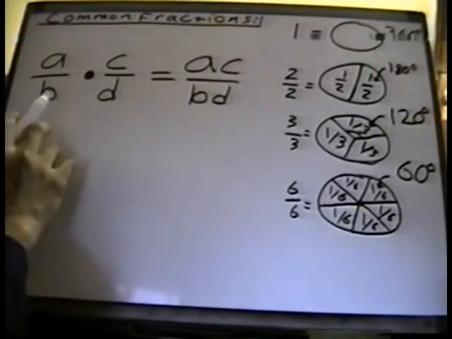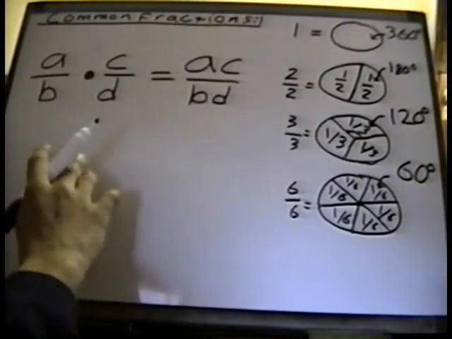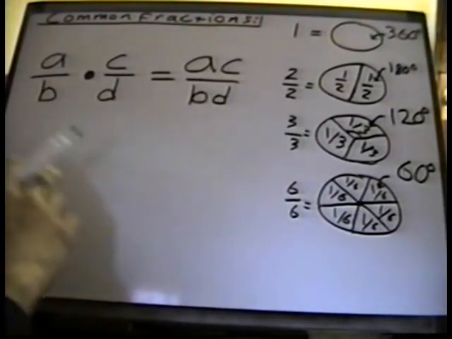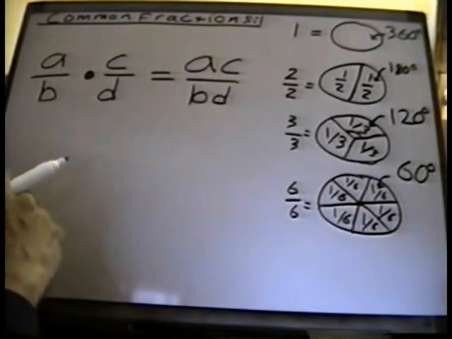Now you notice we have different denominators, but when you multiply fractions, you can multiply fractions with unlike denominators.